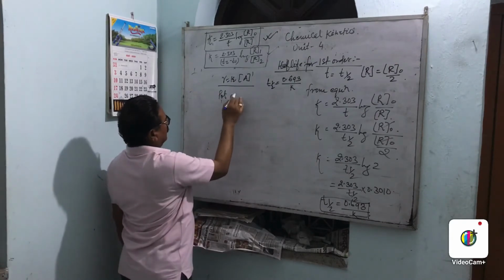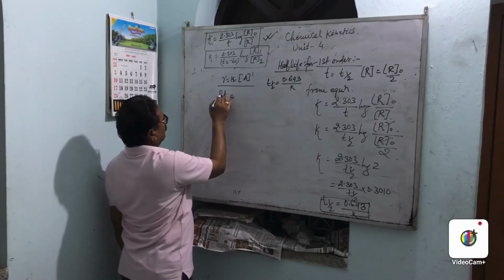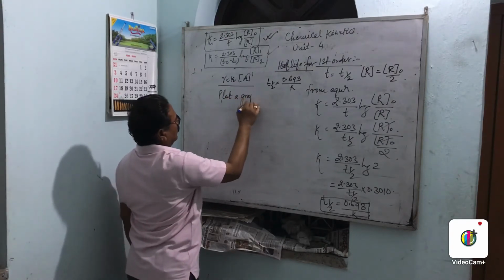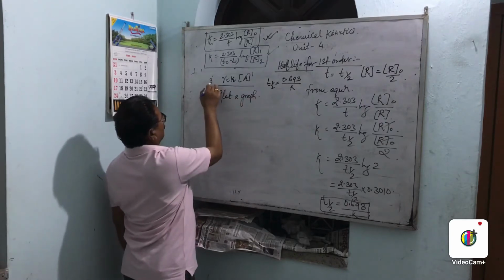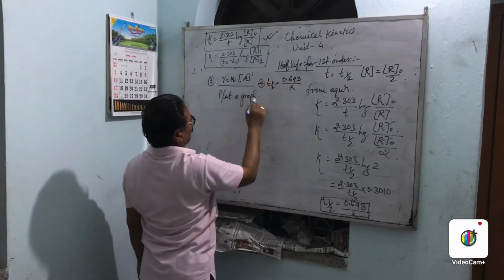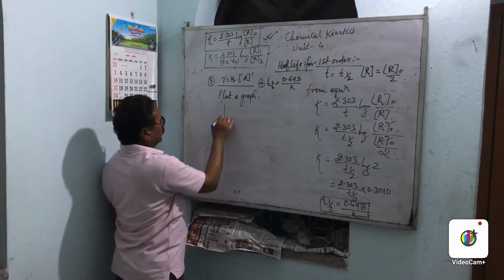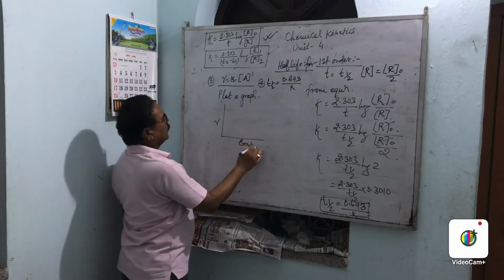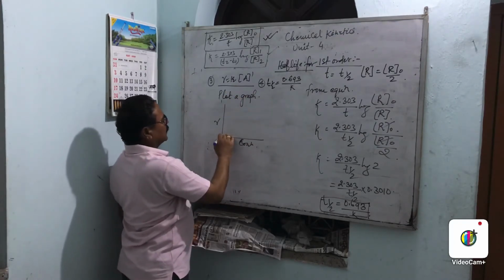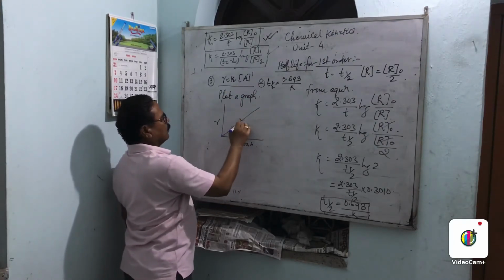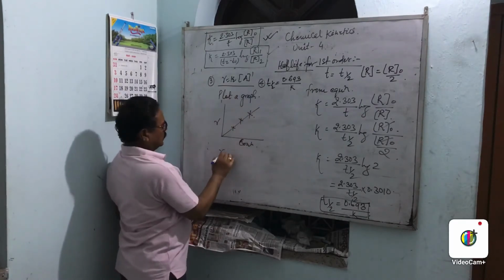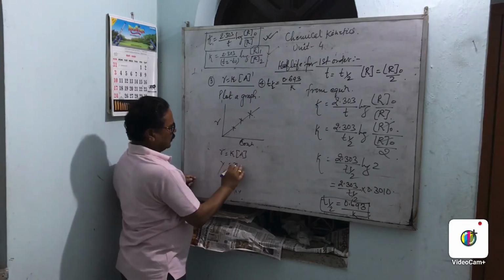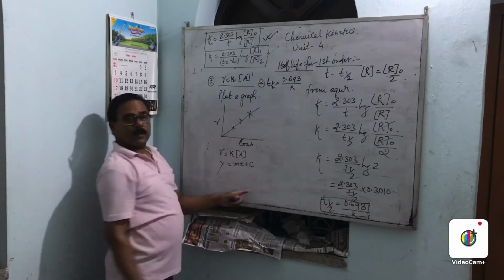Plot a graph. This is probably the third graph and this is the fourth graph. So here we plot a graph between rate versus concentration. So this is equation y is equal to mx plus c. The equation will pass through the origin because r is equal to k and this is a, and y is equal to mx plus c. Here intercept is 0.